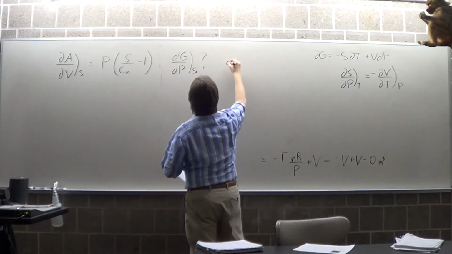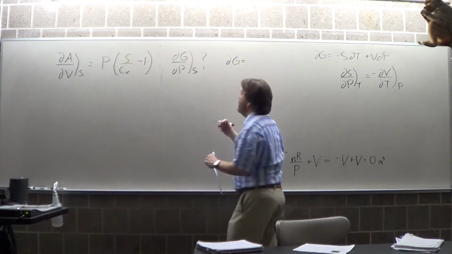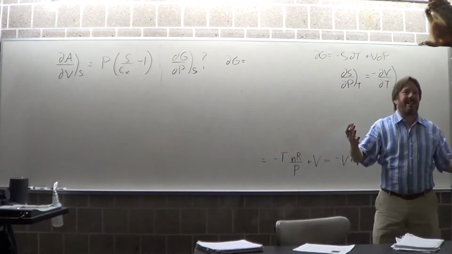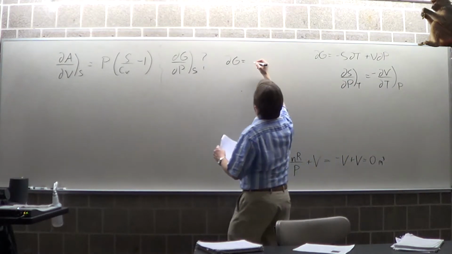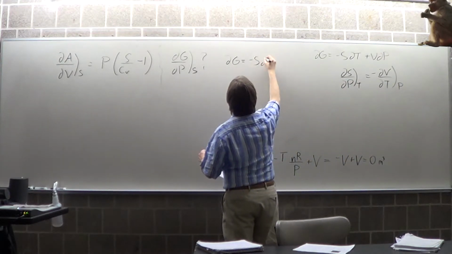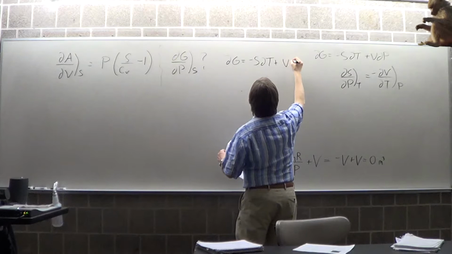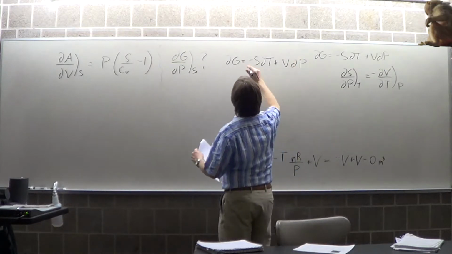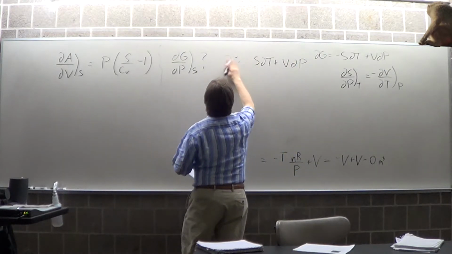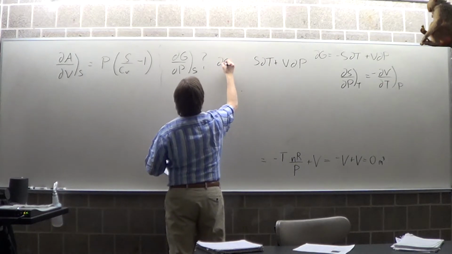All right, well, obviously I said dG, so I'm not going to tell you to start with dG, but ask dG, all right? Because that's too easy. dG equals minus S dT plus V dP. I've got to remember to give myself more room.